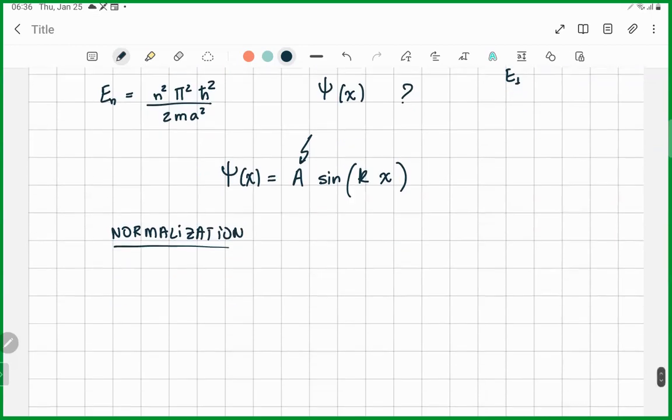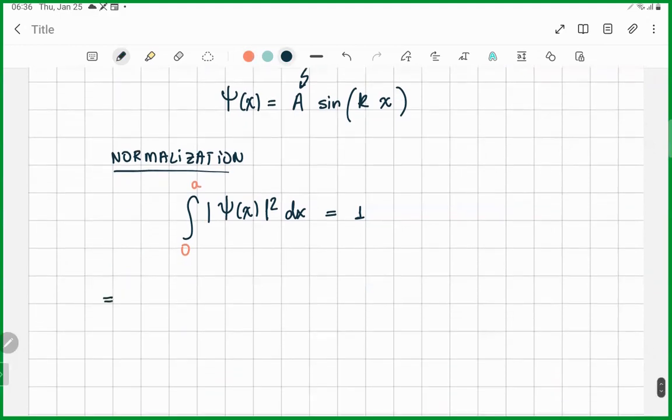Okay. By normalizing that wave function, by guaranteeing that this integral is equal to 1, I will be able to find the A. Okay, so how we were doing this before, we were going from minus infinity to infinity. But remember, in this problem, the particle can only exist from 0 to a. So that's the integral that we have to solve. So let's go.